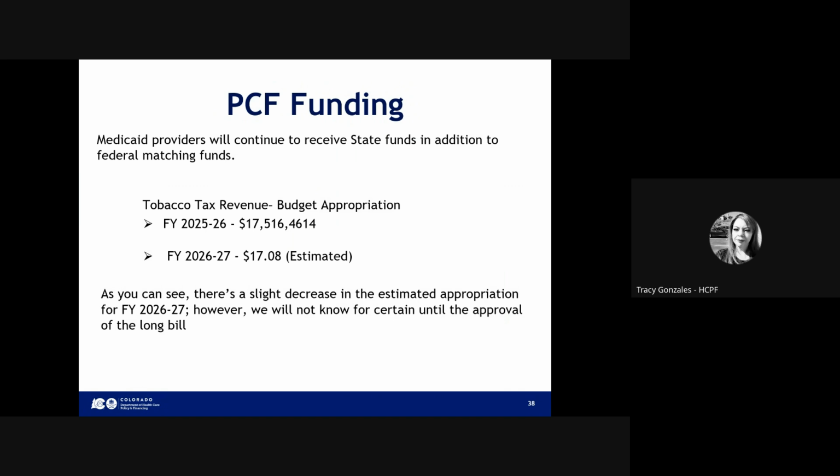This is just the estimated amount that has been appropriated up until this date. Of course, that is dependent on the approval of the long bill. So we will not know for certain until the approval of the long bill. But right now, that is what has been appropriated to us.